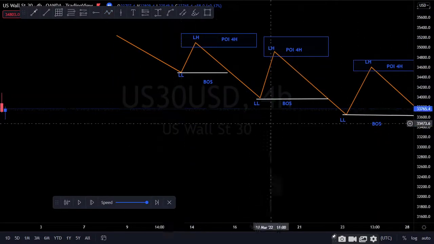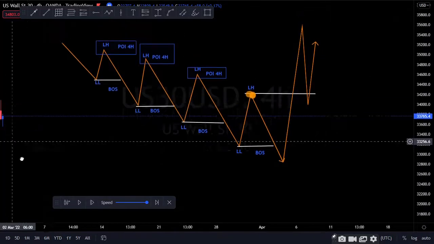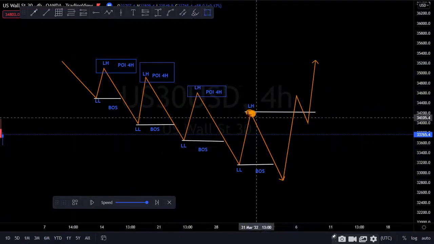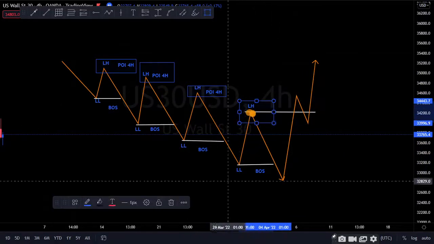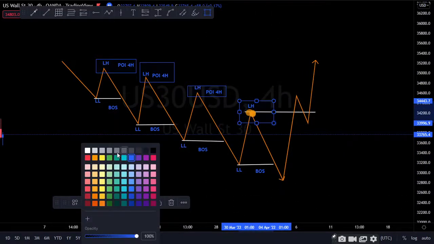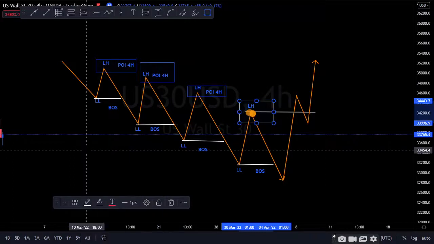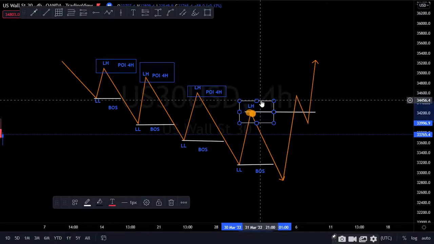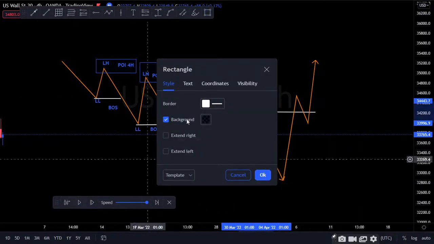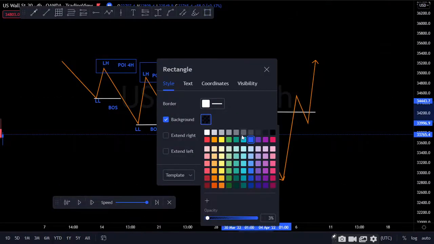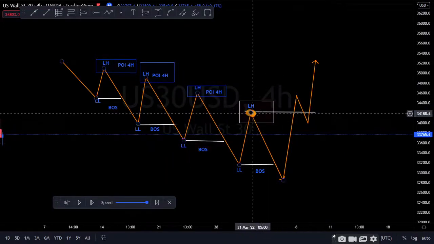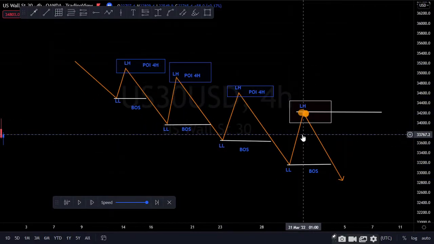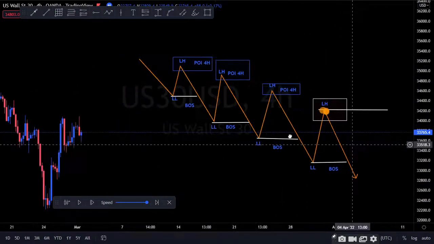Let me give this area a different color, white, and let me give the background red. So if we break this area, it means we are going bullish.